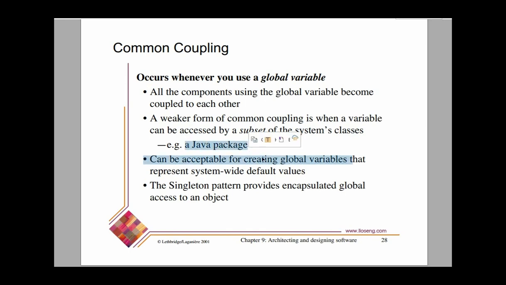Now, a weaker form of common coupling is when a variable can be accessed by a subset of the system's classes, for example, in Java packages. Now, it can be acceptable for creating global variables. See, this is like one particular common variable that is being shared by all, right? For example, in the java.lang.Math package, there is a constant called pi, right?